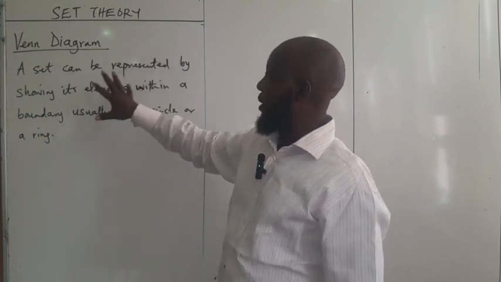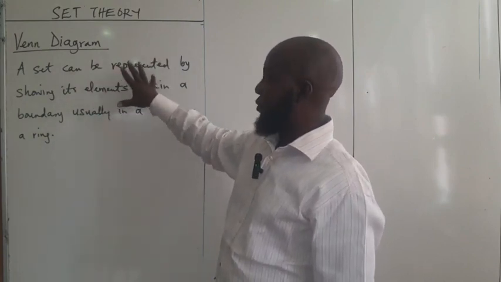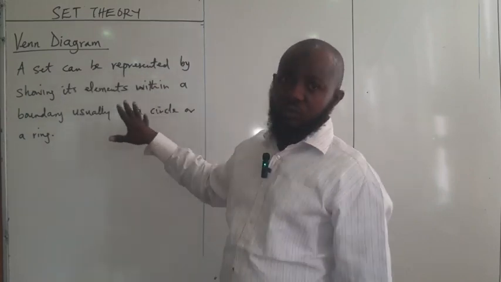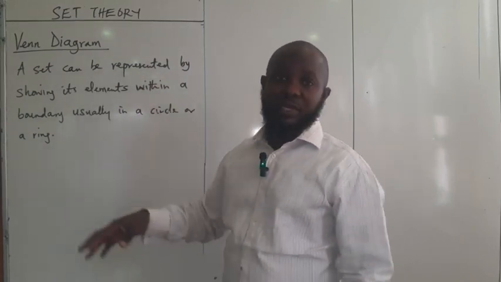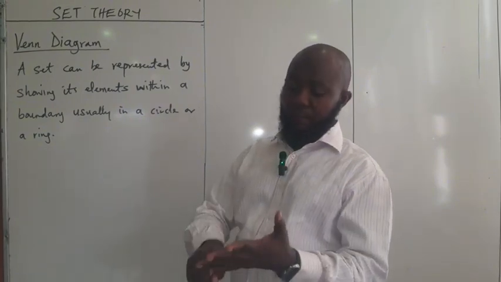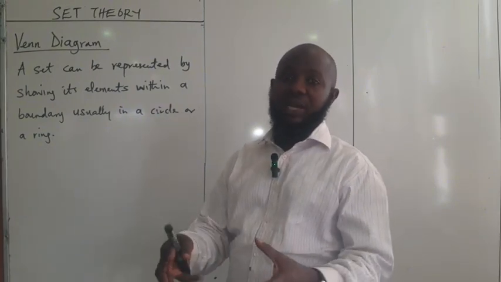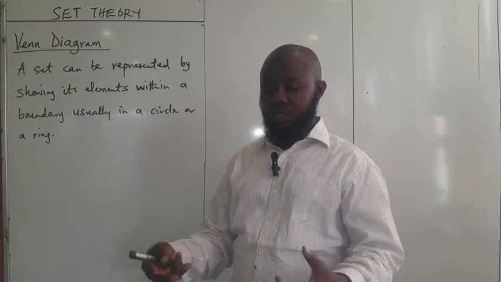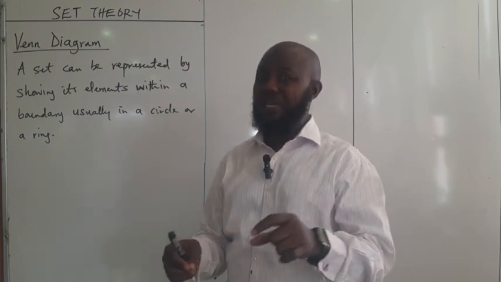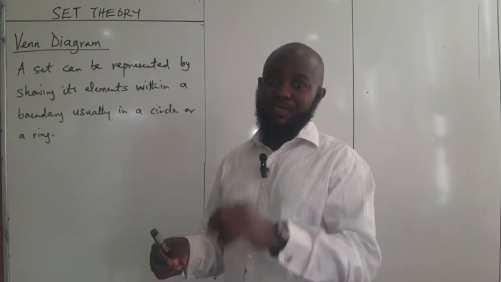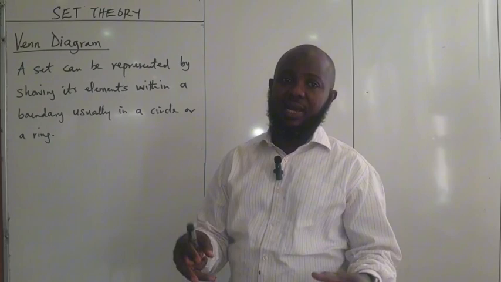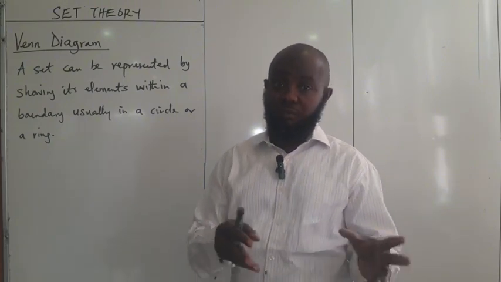We can also represent a set using diagrams. A set can be represented by showing its elements within a boundary. I said elements or members of a set are all those that are contained in that set. For example, in the class, the items you have in the class are the elements of that set.